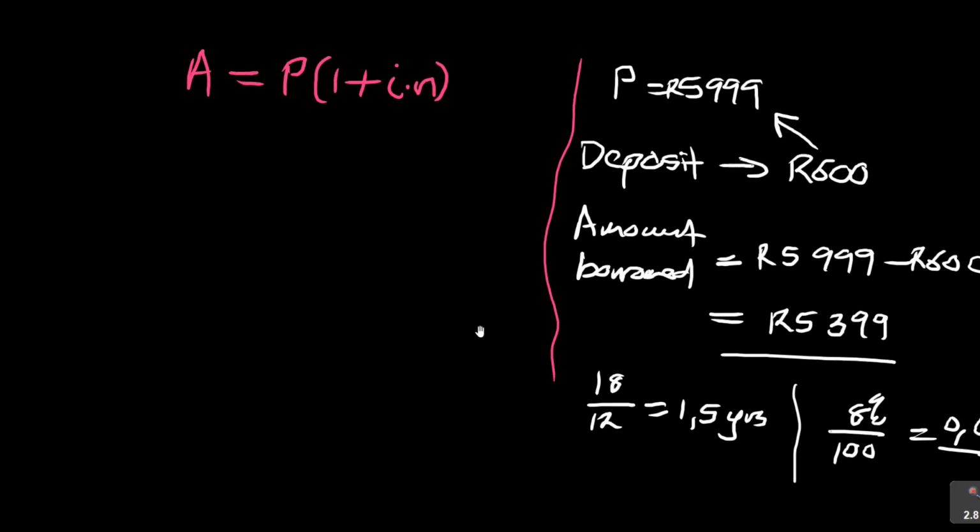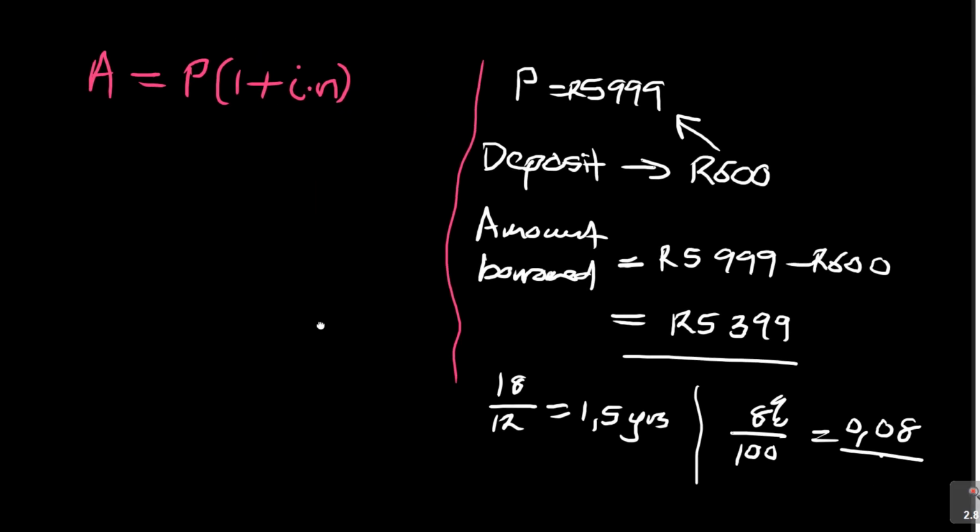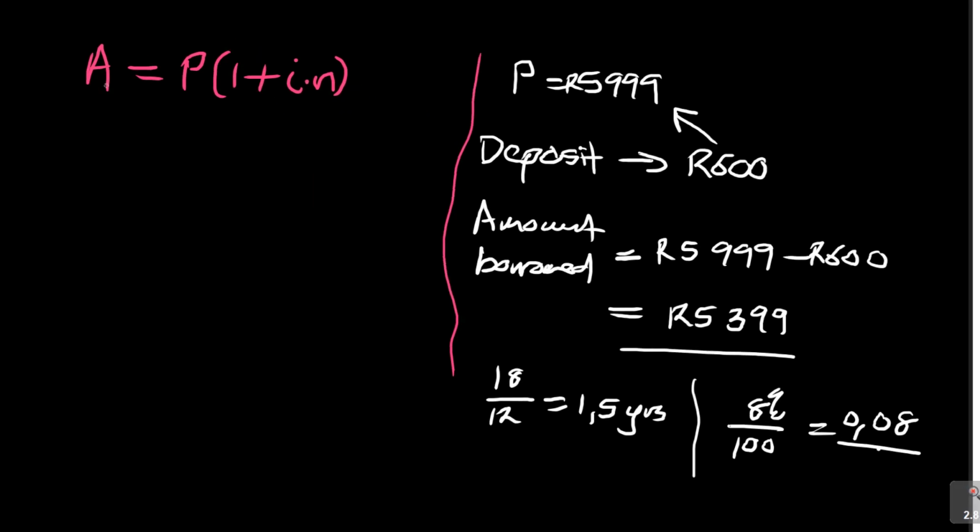Guys, that's what we put in here for A. Now A is equal to my P. Now I put the 5,399. See that? And then times 1 plus i, which is 0,08 times, and then the number of years is 1,5. Are you with me? Then this is equal to.